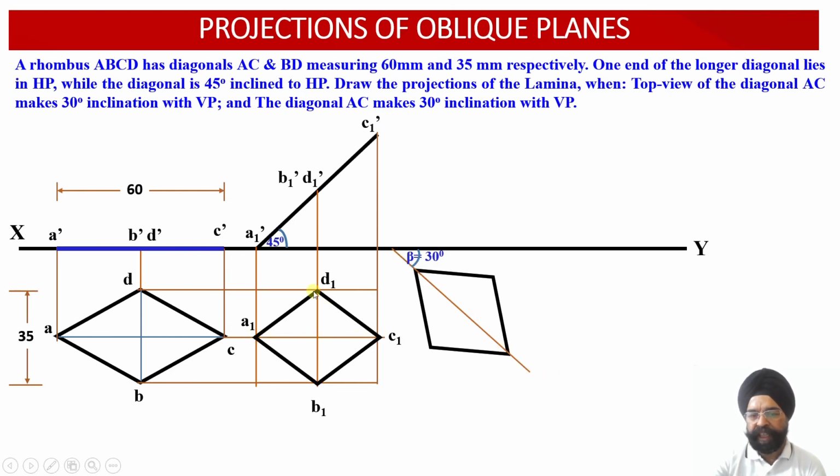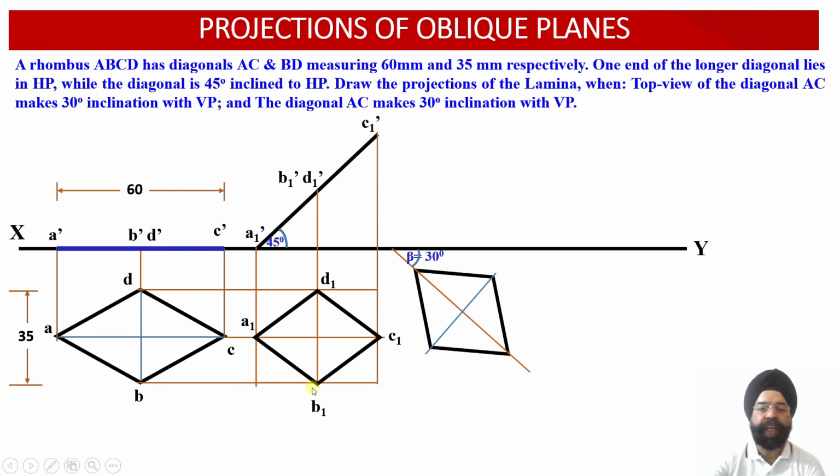Then how to obtain these 2 points? Just see, again using rectilinear distances, we are going to locate these 2 points. So this point is A1, so we can mark A1 over here, or this will be A2. Similarly, I'll measure this distance, I'll find out the second point C2 over here. Then I will be measuring this distance over here, and after measuring this distance, I'll be putting a dot over here. And then from here, measure this vertical distance and measure this vertical distance.